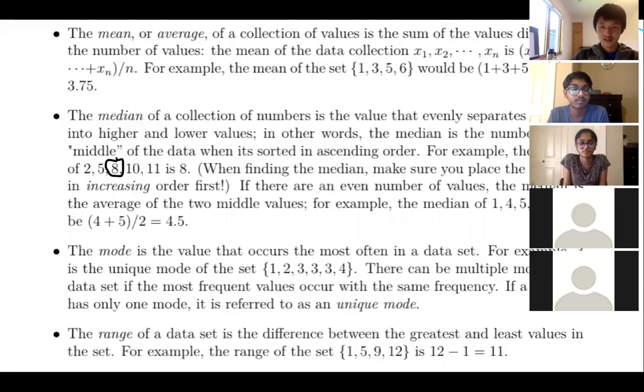And the mode is the number that occurs the most often. So in this one, for example, 3 occurs 3 times, so the mode would be 3. And the range is just the difference between the greatest and least values of the set.